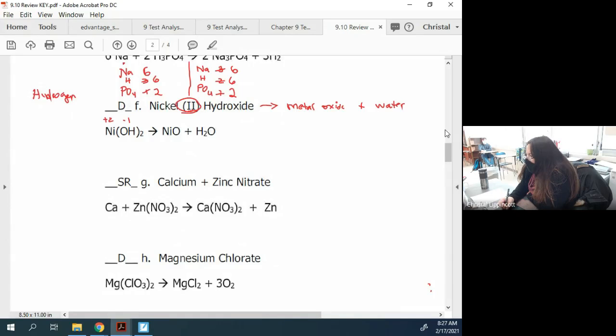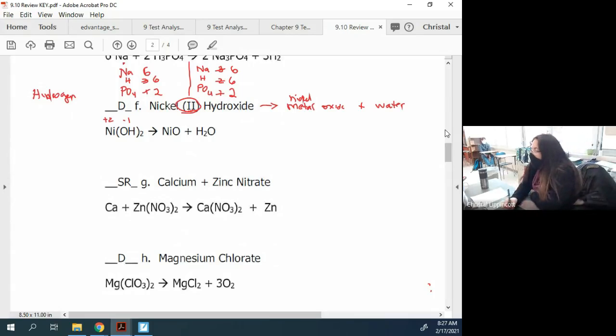My metal was nickel, so it's going to form nickel oxide. So nickel is a +2. We know that because they told us right here. Oxygen's a -2. So when I write that formula out, that formula is already balanced for charge. Okay, and then I just need to write water down, which hopefully you guys know the formula for that.